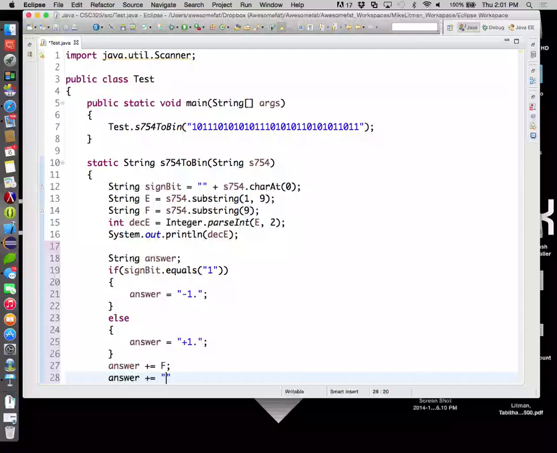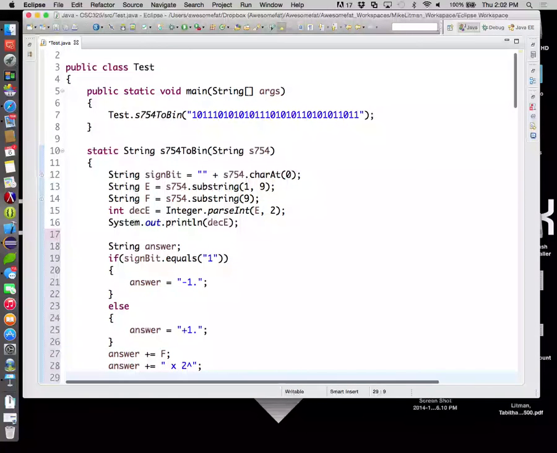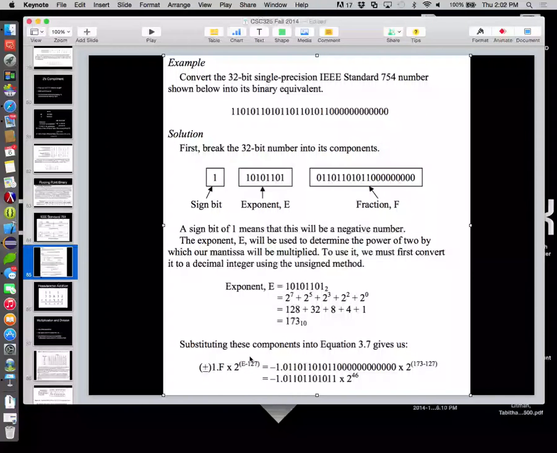Answer plus equals space times 2 caret. So now we're up to this point. And now what we need to do is take whatever our decimal equivalent was minus 127.